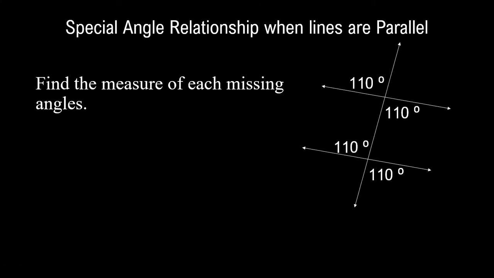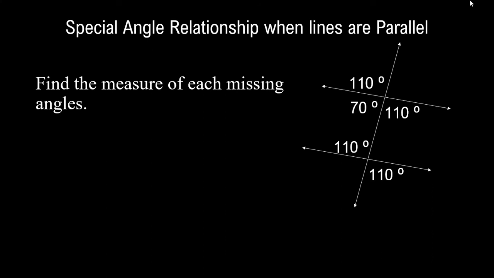Okay, next. Now let us apply the relationship between the same side interior angles. As we said earlier, if two angles are on the same side of the transversal, then they are supplementary, or the sum of their angles is equal to 180 degrees. If this is 110, then this angle is 70 degrees.